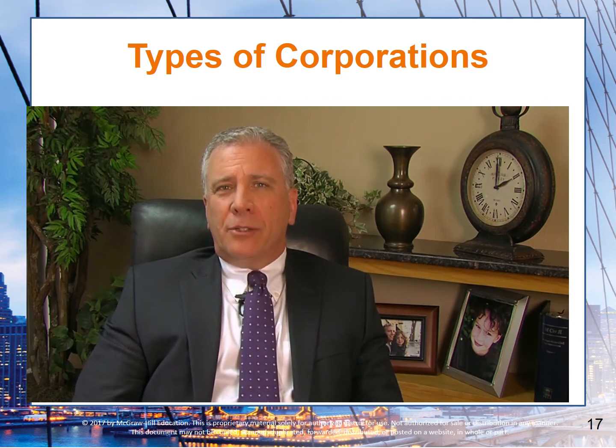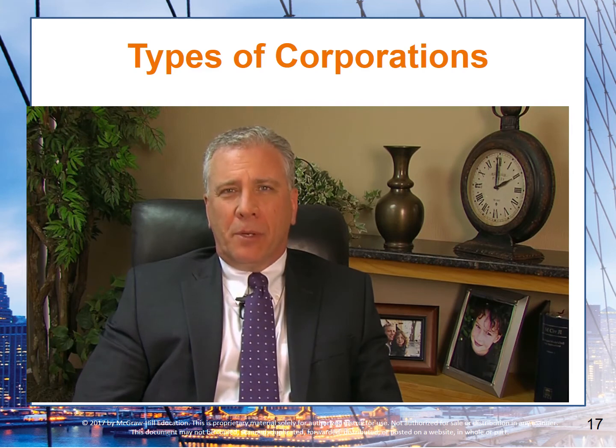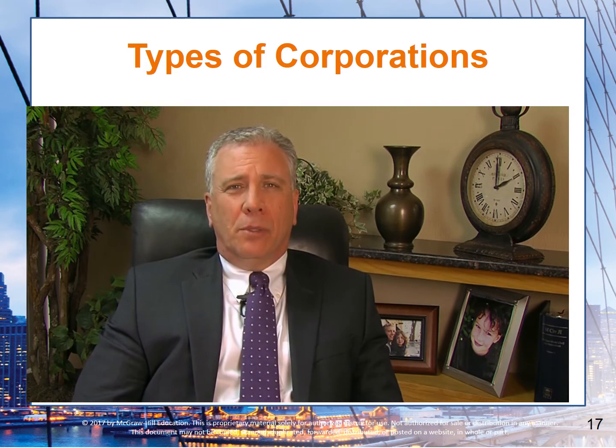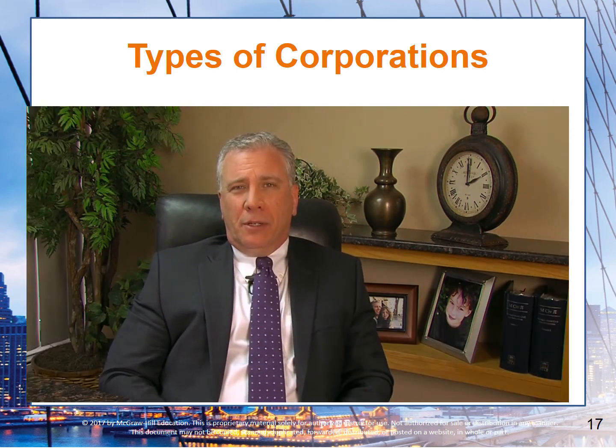A Subchapter S corporation is similar to an LLC in that it has pass-through income to the individual owner. So the profits or losses from the corporation flow down to the individual, and that individual owner will receive what's called a K-1. A C corporation is taxed at the corporate level.